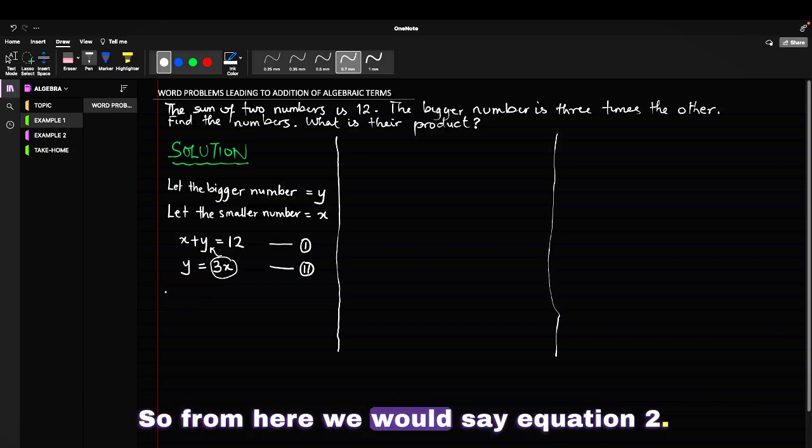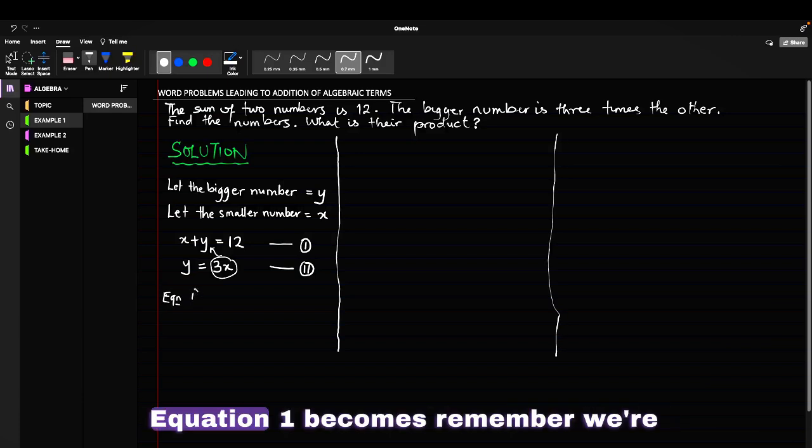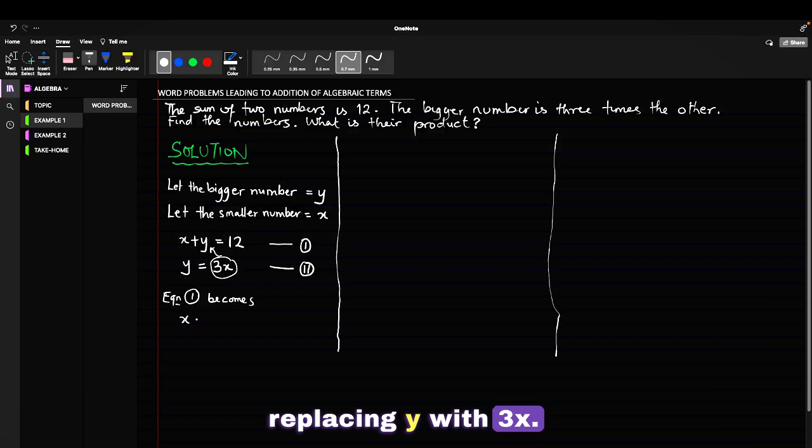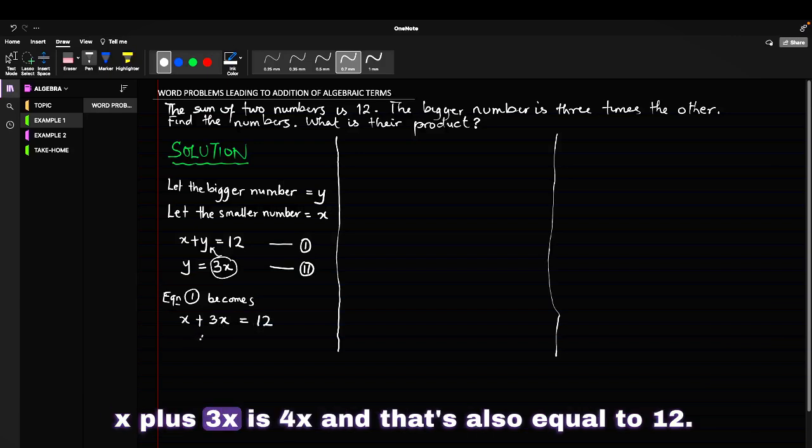So from here, equation 1 becomes, remember, we're replacing y with 3x, so that would be x plus 3x is equal to 12. x plus 3x is 4x, and that's also equal to 12.